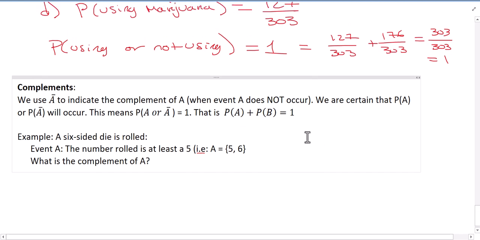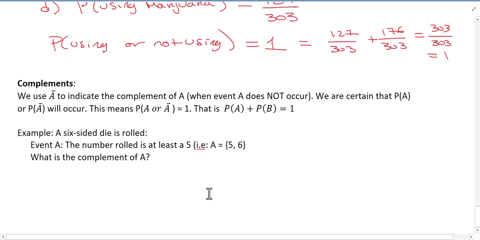Back to our example of using and not using, if I pick a subject, they're either using or they're not using. So that probability together is going to be 1. That's what this says: we are certain that P of A or P of not A will occur. So this means that the probability of A plus the probability of, whoops, that should say not A, equals 1. So I changed that.